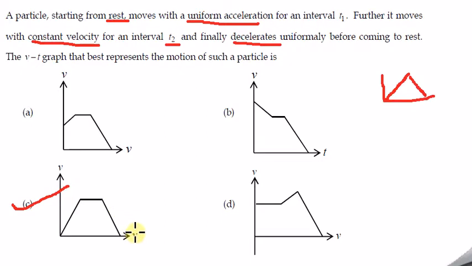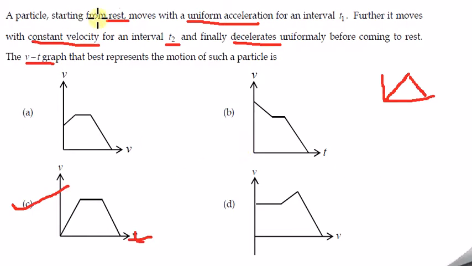Please take this as the time axis. Velocity with respect to time is called the VT graph. In this way you can solve any question in a very simple way.